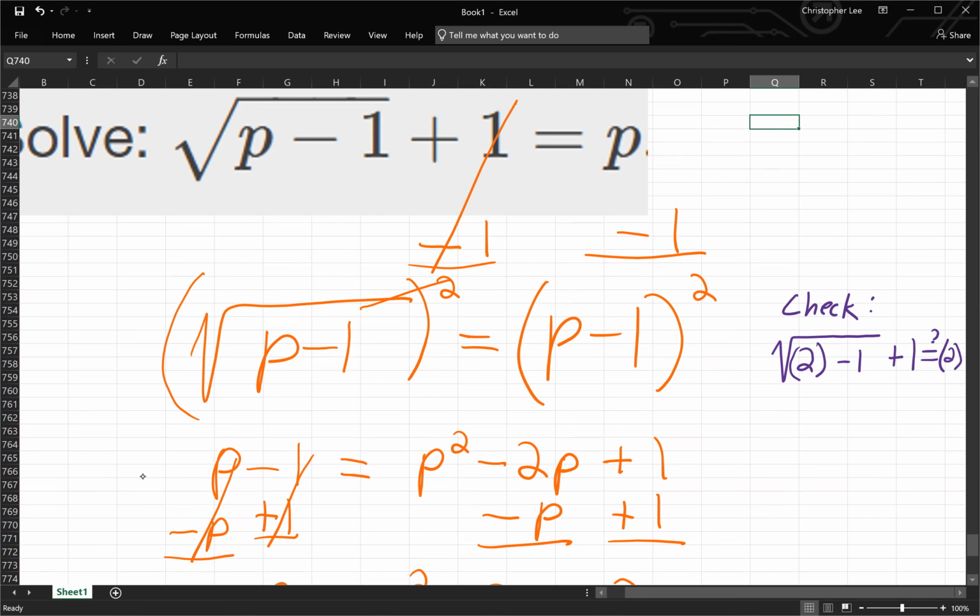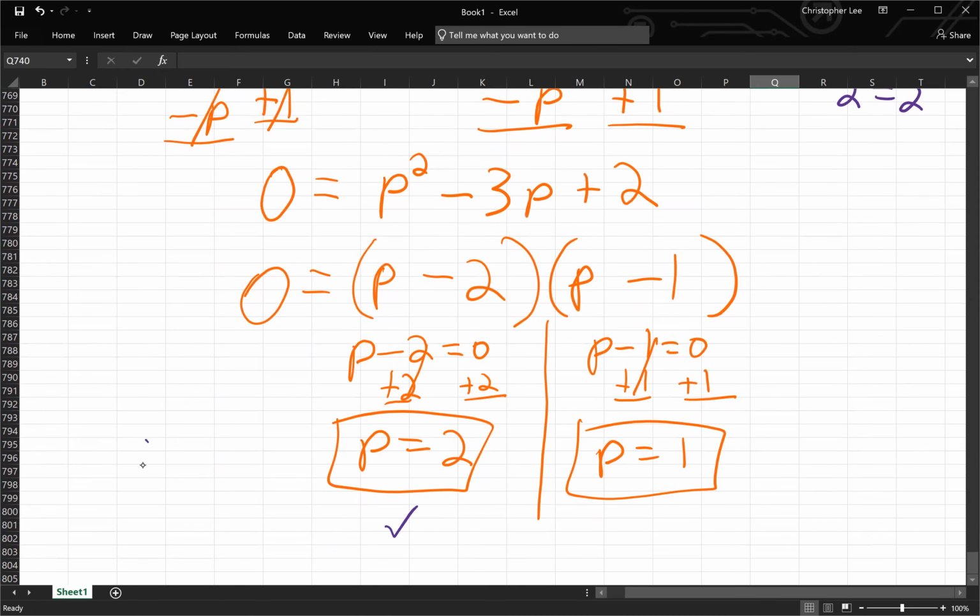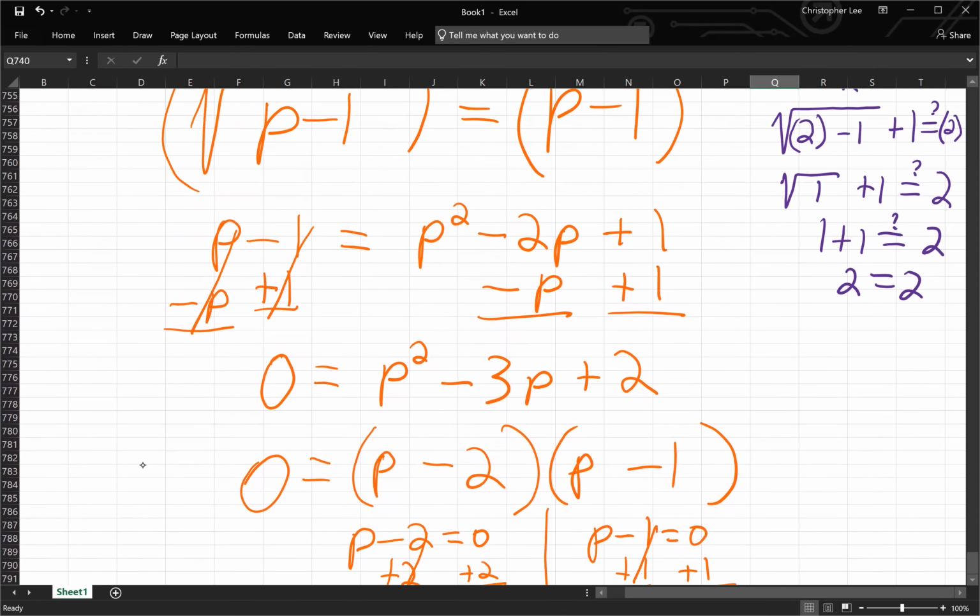I don't know if it's true or not, but let's see, right? So 2 minus 1, what's that again? Forgot. That's 1, right? So square root of 1 plus 1 allegedly is equal to 2. I don't know if that's true or not. 1 plus 1, some people tell me that that's 2. But in fact, 2 does equal 2, so we good to go, right? It's a legit answer.